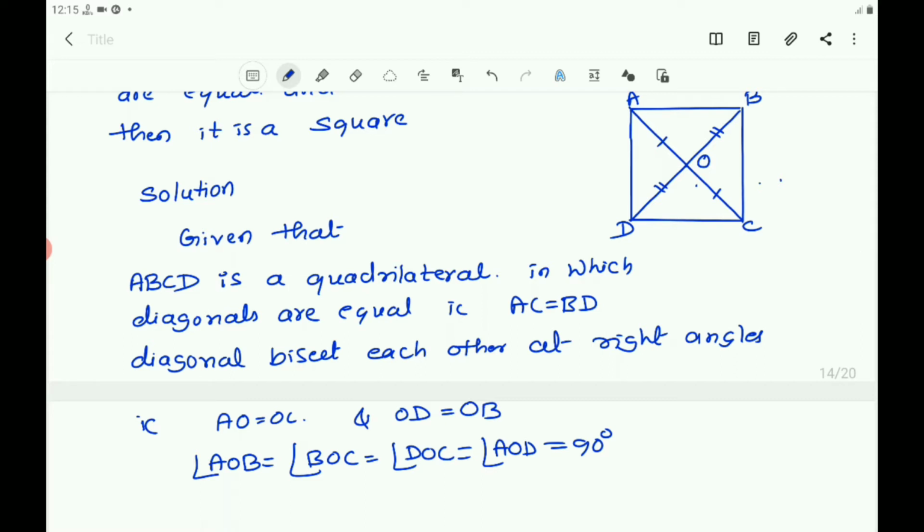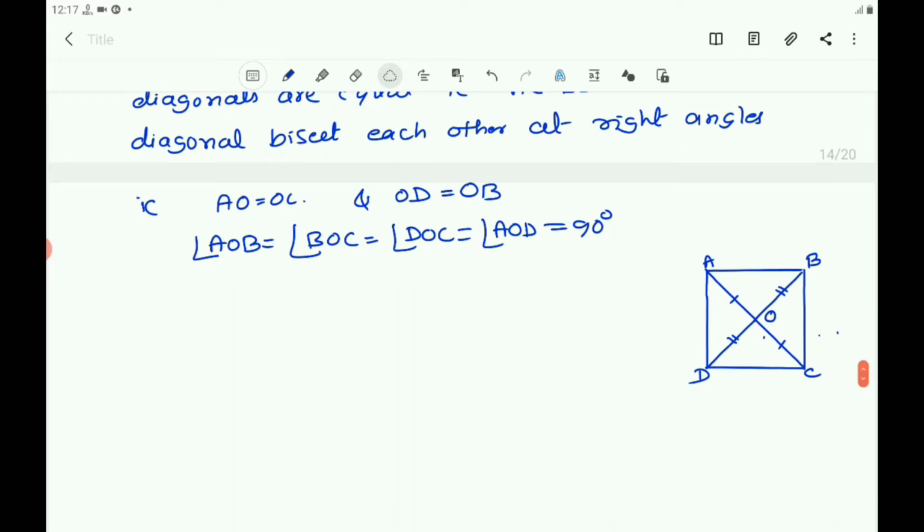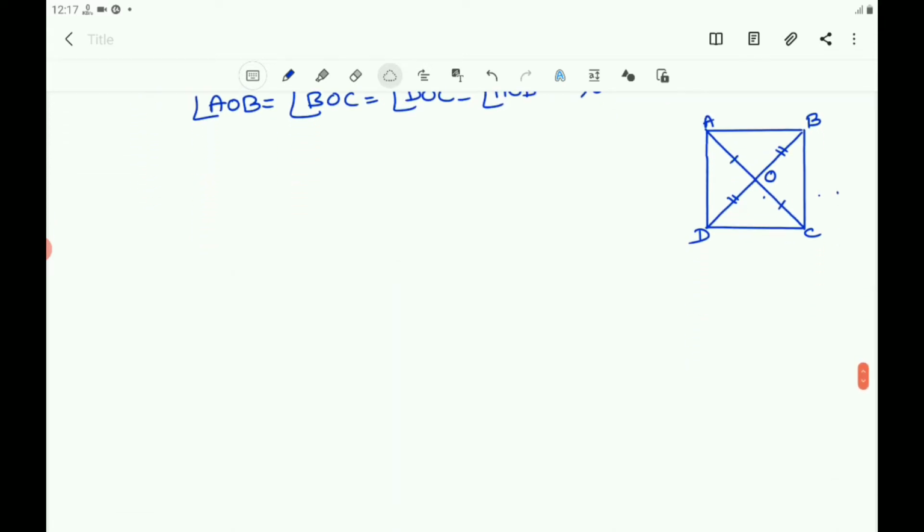So we have to prove that the four sides are equal, that is AB equals BC equals CD equals DA, and angle A equals angle B equals angle C equals angle D equals 90 degrees.